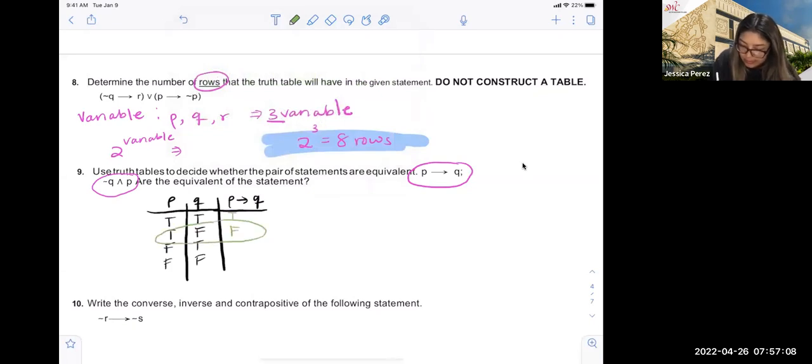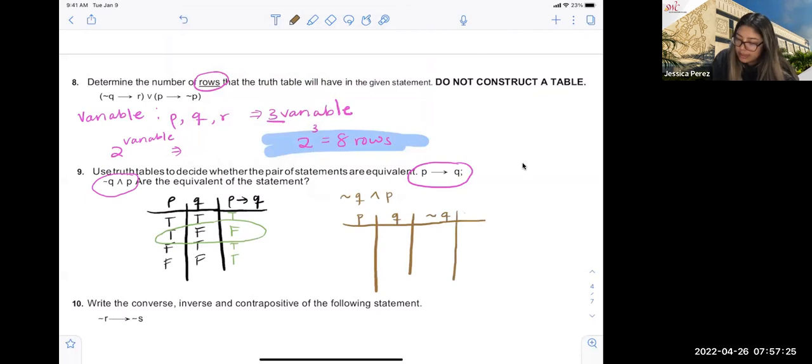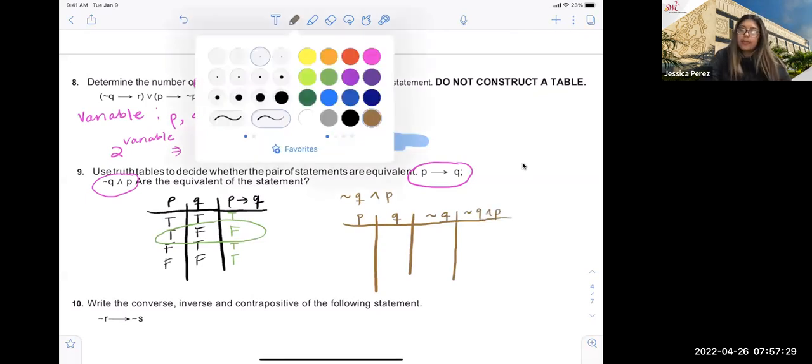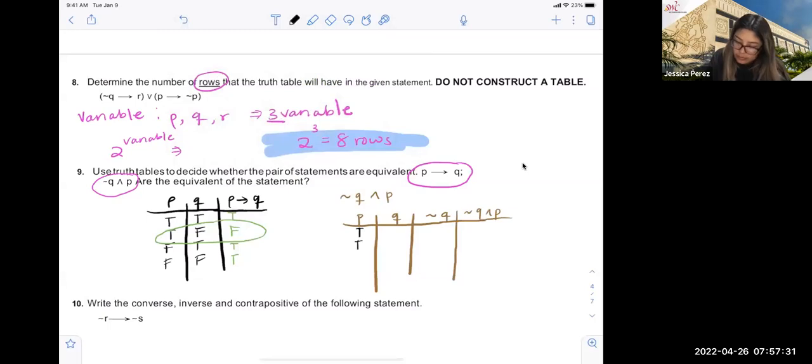The rest of them are true. Now, if you look at the upper one, not Q and P, we have P, we have Q, we have not Q, and we have not Q and P.